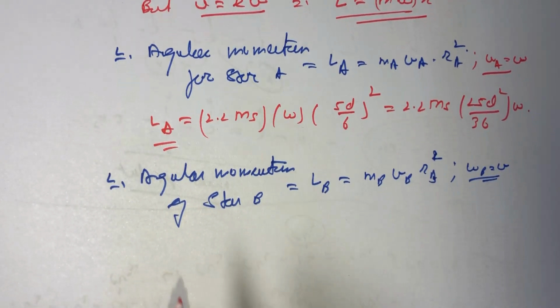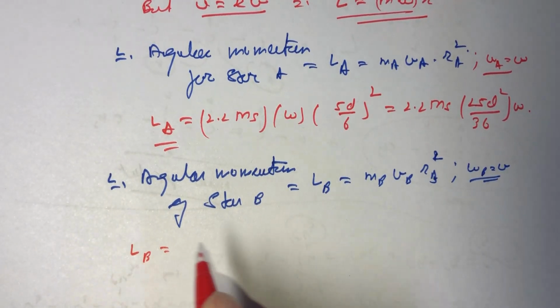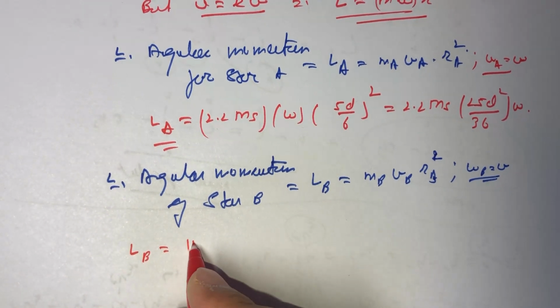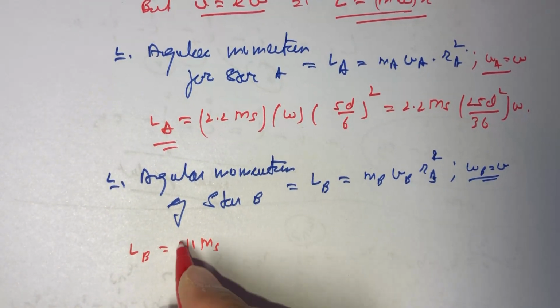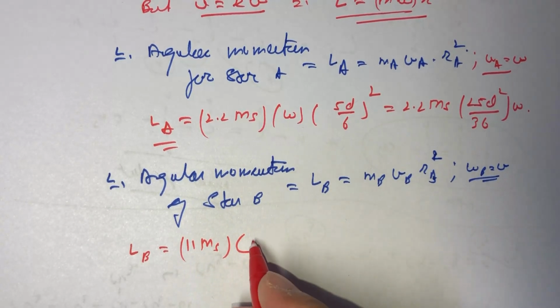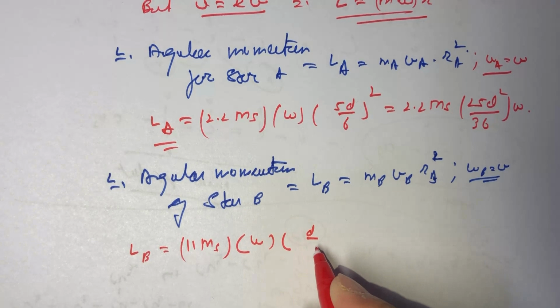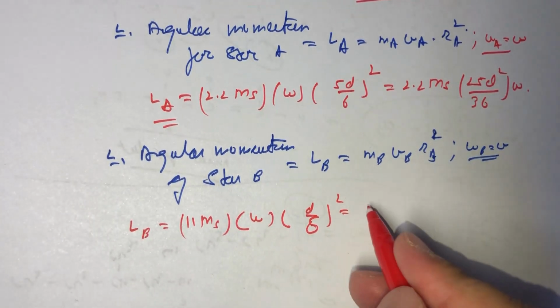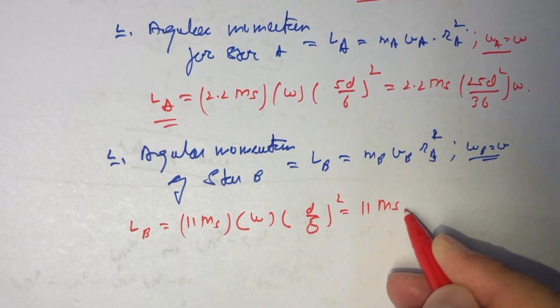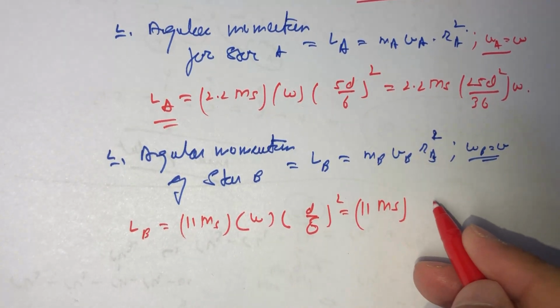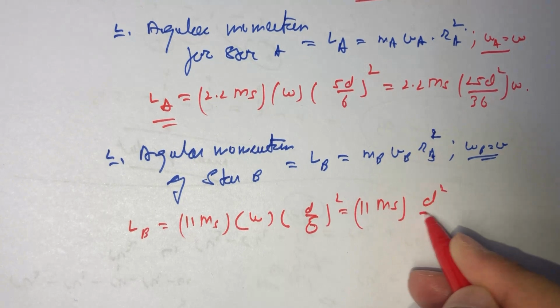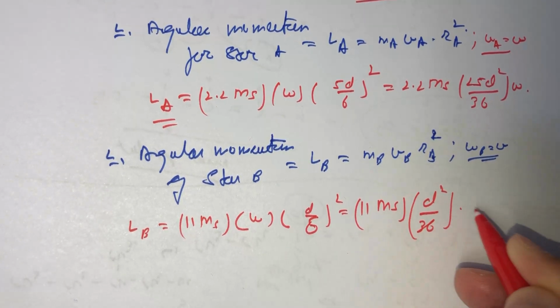Therefore we get that LB will be equal to mass 11 ms and omega, and RB is d upon 6 whole square. So this becomes 11 ms multiplied by d square upon 36 multiplied by omega.